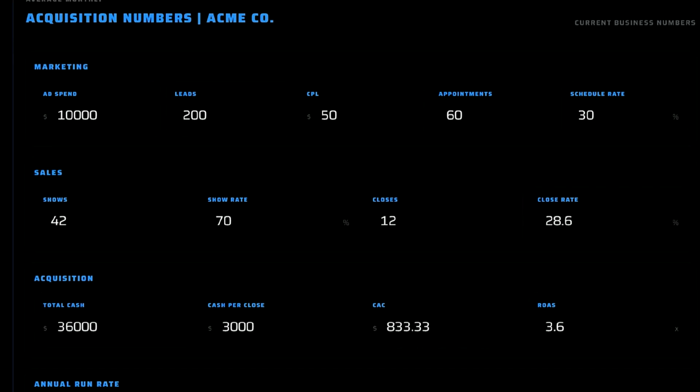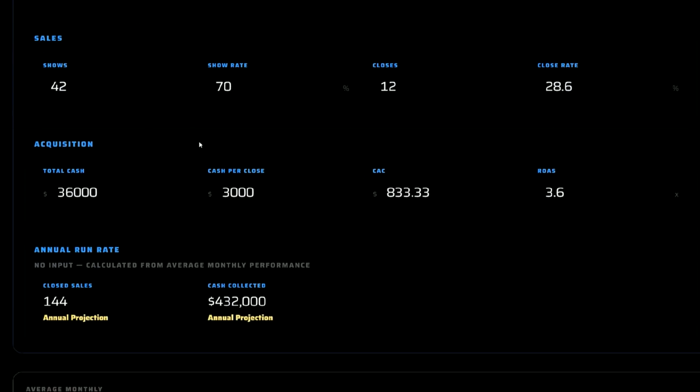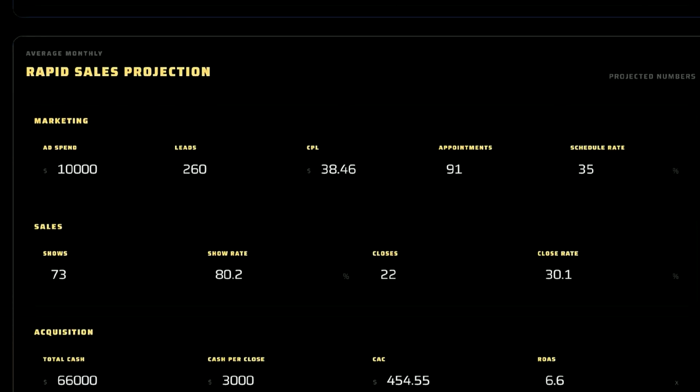I'd probably have a decent idea of where your booked rate is and your show rate and your close rate are going to be based upon my experiences, but I think the data obviously gets us more specific. So this would punch in all of your acquisition data. At the bottom would give us our annual projection of closed sales and cash collected. And then at the bottom here, underneath it, we'll have our inputs. What do we think we could do?